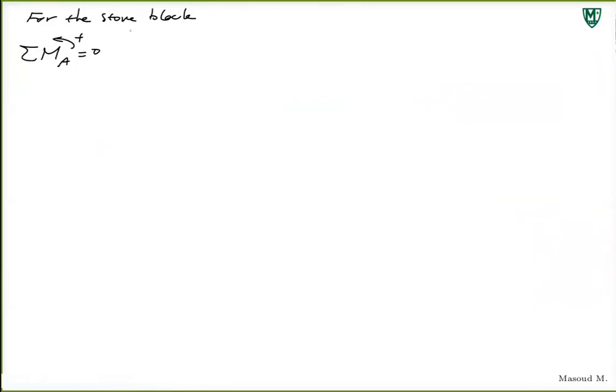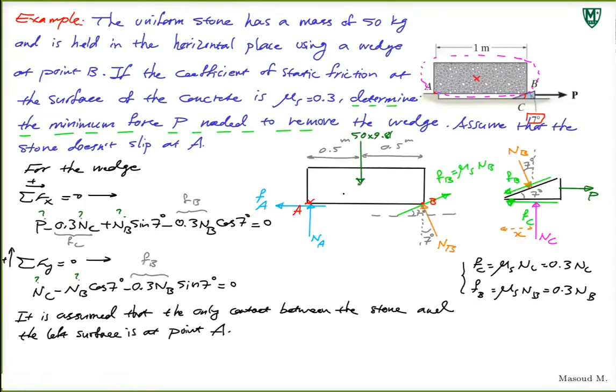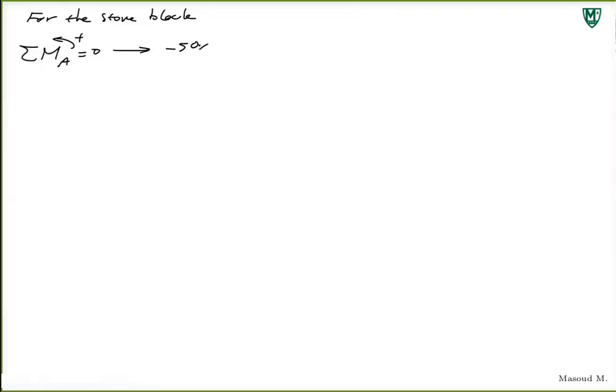So let's find the moments about point A. W is the weight multiplied by the distance, and it's clockwise, so that would be negative. So minus 50 times 9.81 times 0.5.